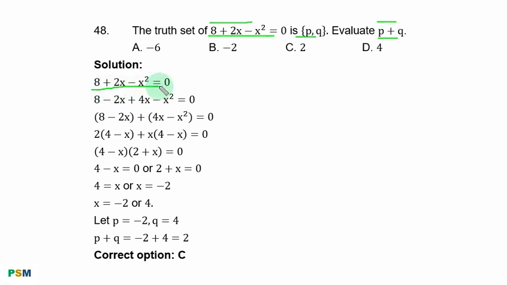To factorize, you get the factors whose sum is 2 and the product is minus 8, because from here a is equal to minus 1, b is 2, c is 8.